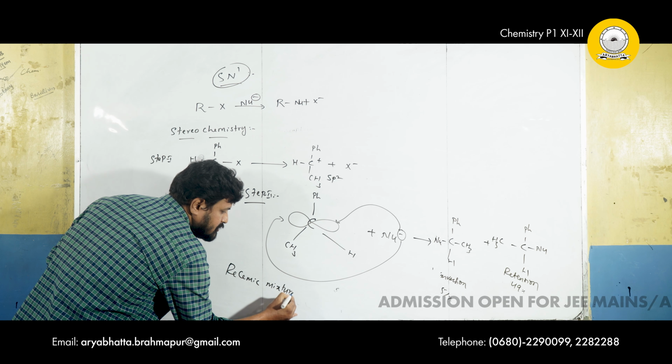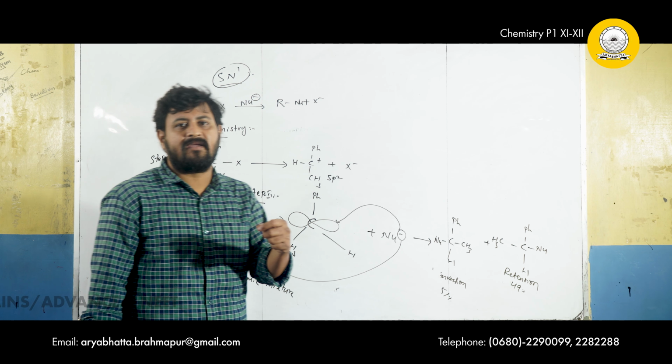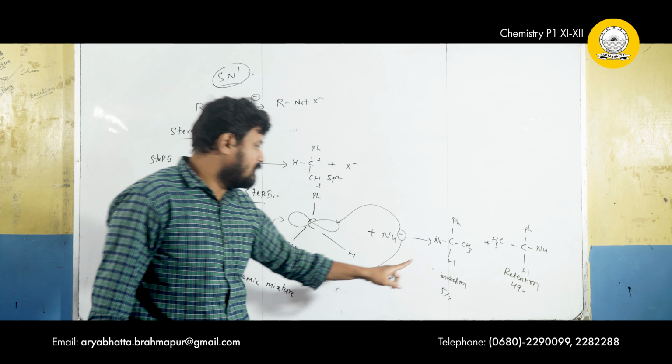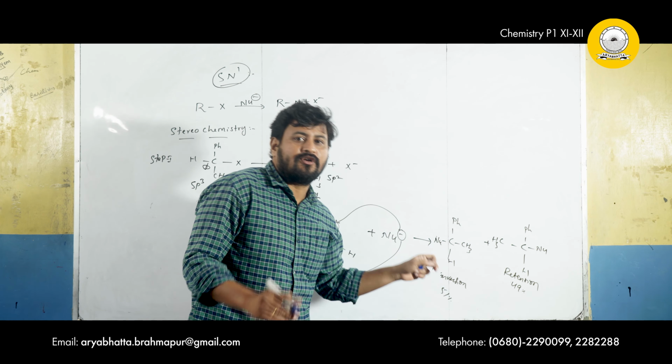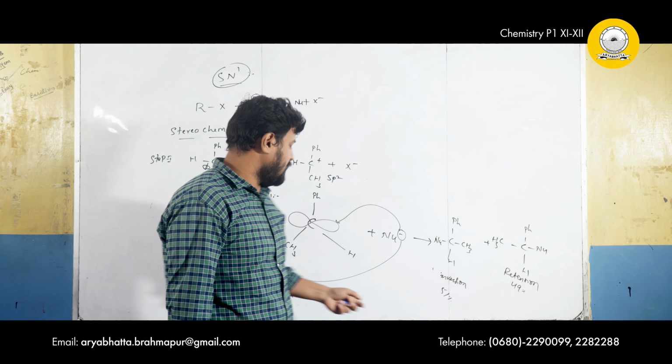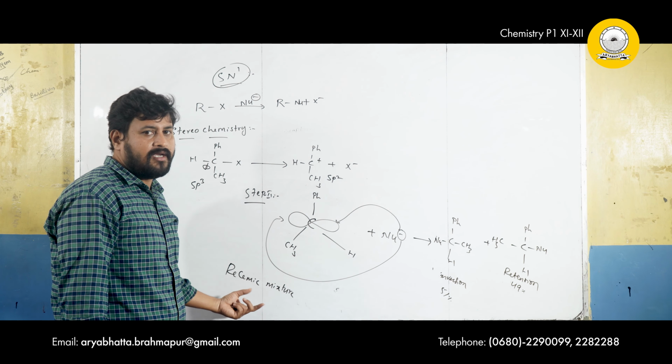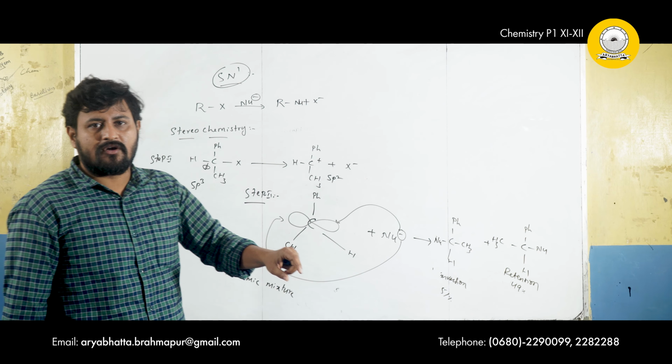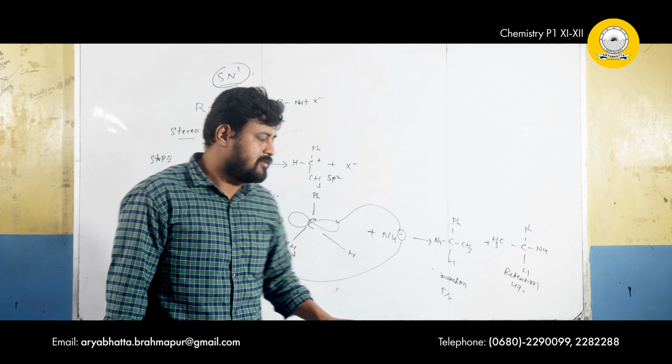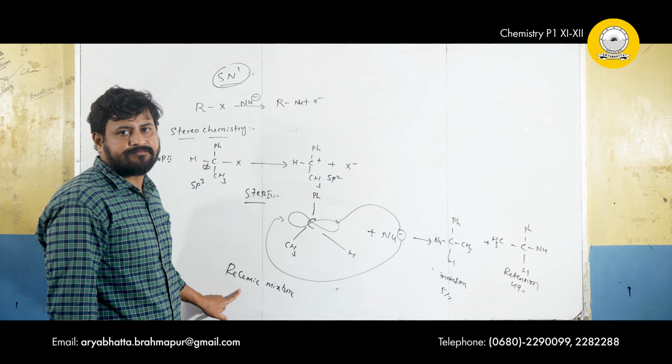What is a racemic mixture? An equal 50-50 ratio combination of retention and inversion is called a racemic mixture.